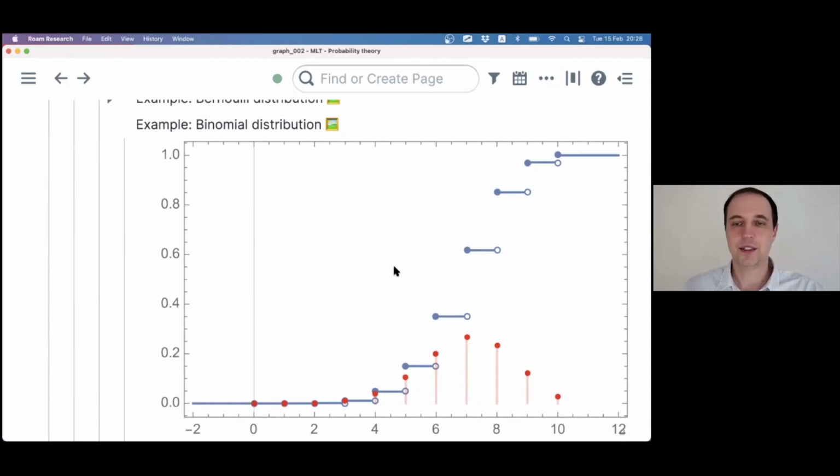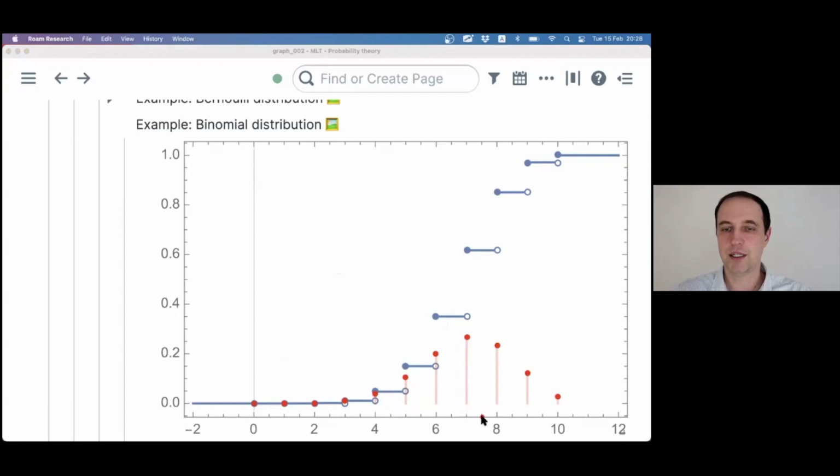And we would count how many heads we obtained. The red dots here indicate the probability of the different counts. So for example, this height here, that was the probability that you get precisely 7 heads. And the CDF was indicated here in blue.